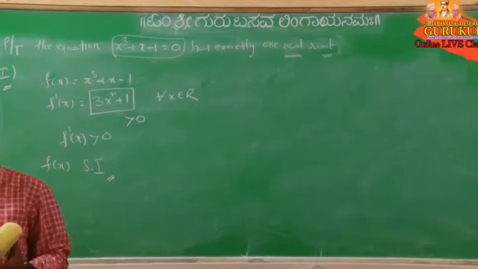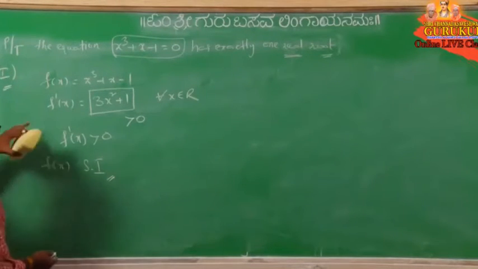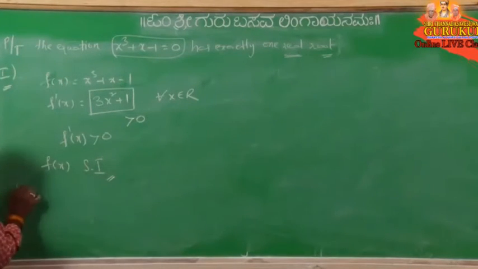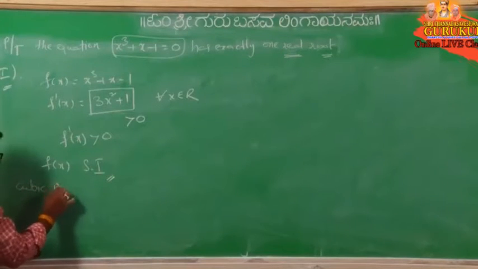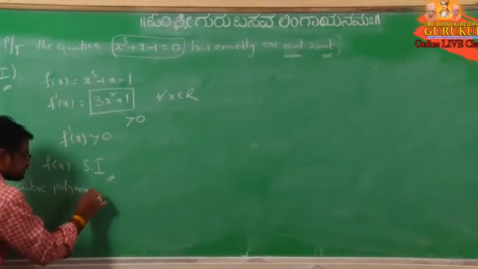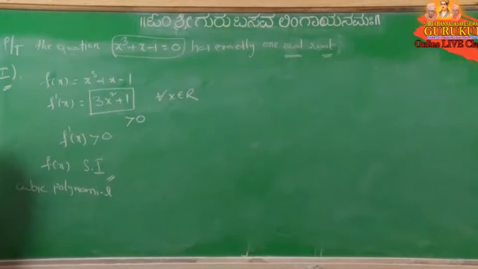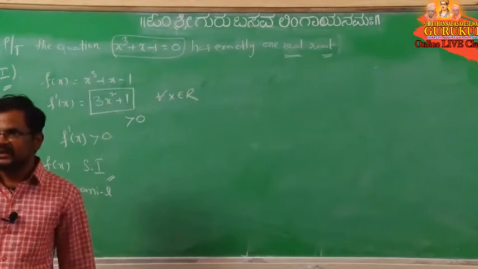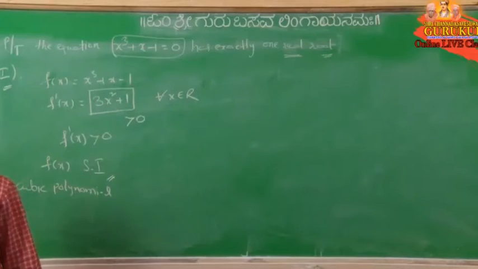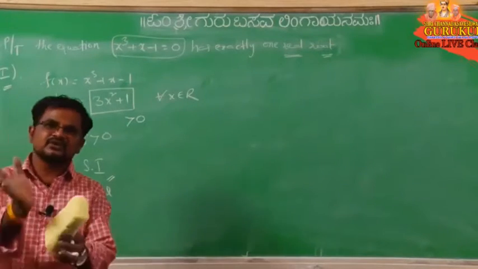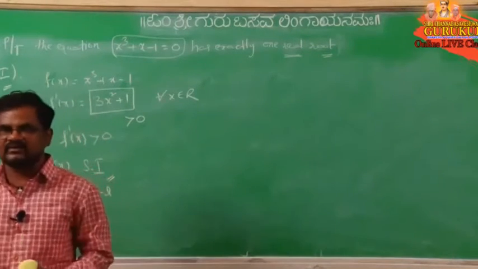But how it is increasing, that you also have to identify. Once you observe, the given function is a cubic polynomial. Suppose a quadratic or biquadratic equation is given, substituting negative values you get positive values only, because the highest power is even.